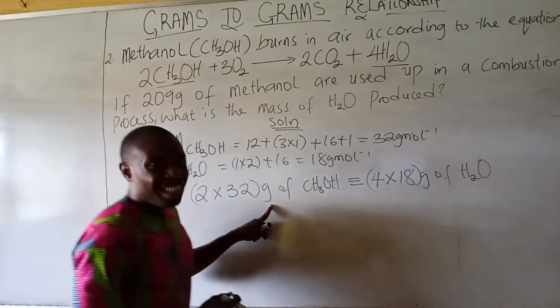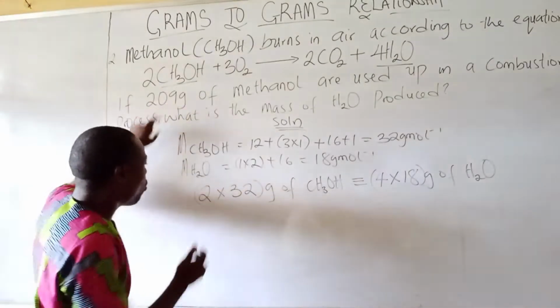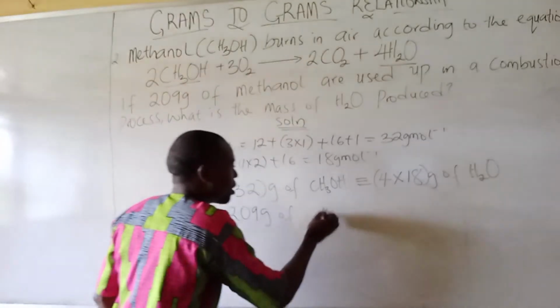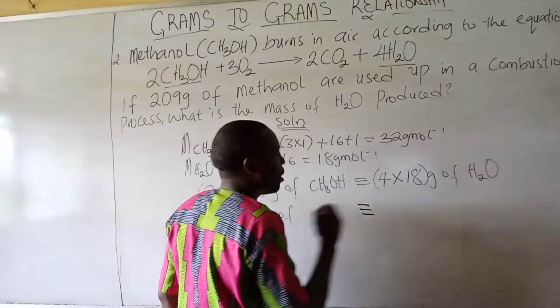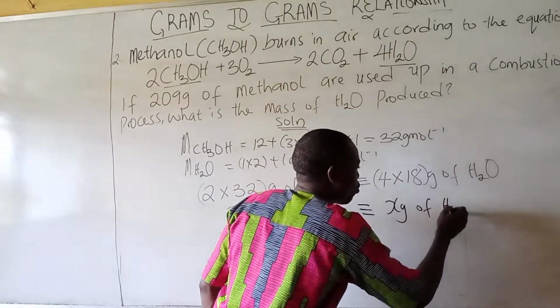That is the first statement. The second step is the known quantity, 209 grams of methanol, which would yield what grams of H2O?